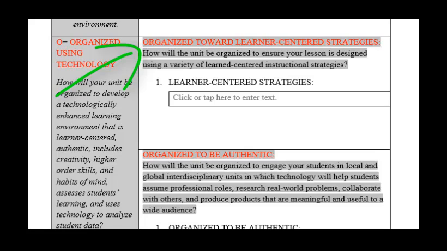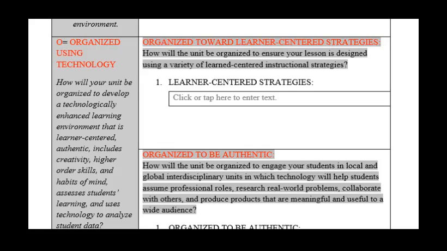As we move into the O portion of the Where To acronym, we will use organized, learner-centered strategies. This will give us an opportunity to outline how the unit will be organized and ensure the lesson is designed using a variety of strategies. We will also organize to be authentic.